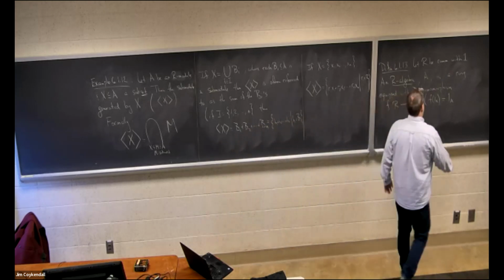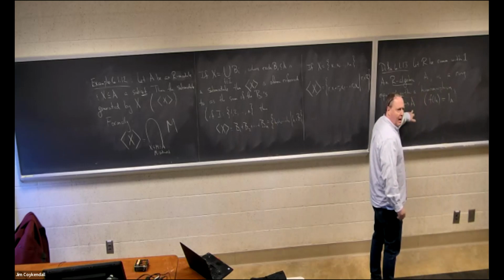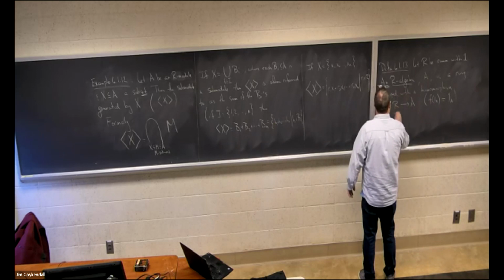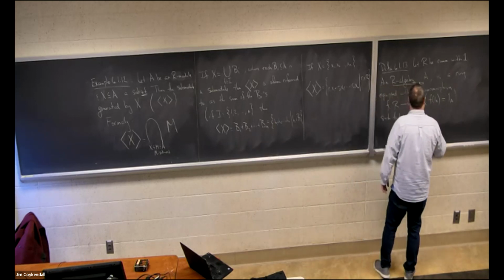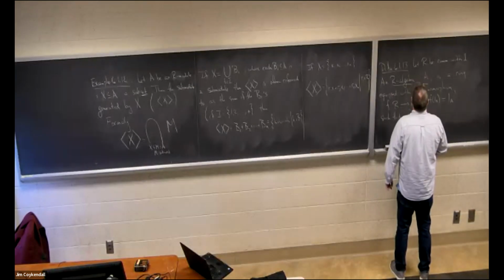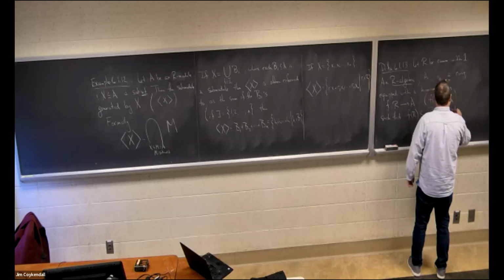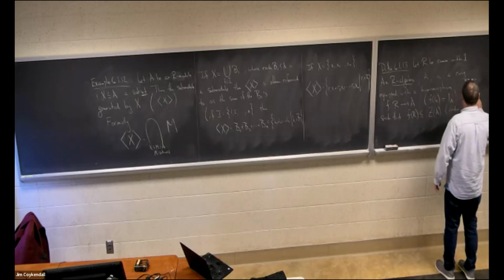Such that, notice I said that A is a ring, so I'm assuming it has identity, but I don't assume it's commutative. I don't do non-commutative stuff.